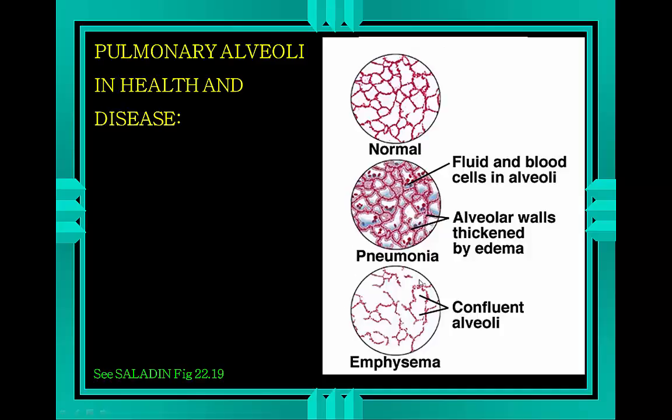The other thing we see is that if this infection is chronic, that is constant, the infection and inflammation starts to break down the walls. The walls of the alveoli are no longer normal, they're broken down, and obviously that's going to reduce the surface area and reduce the opportunity for gas exchange.